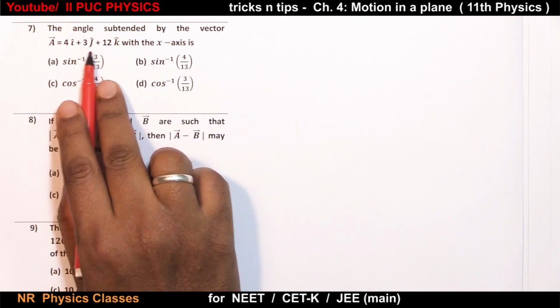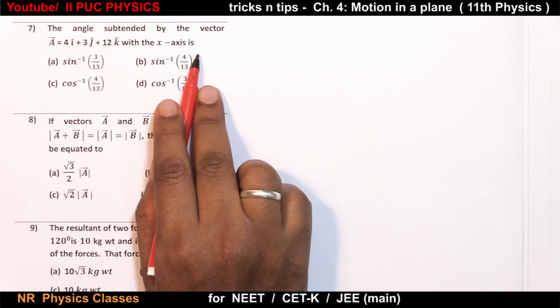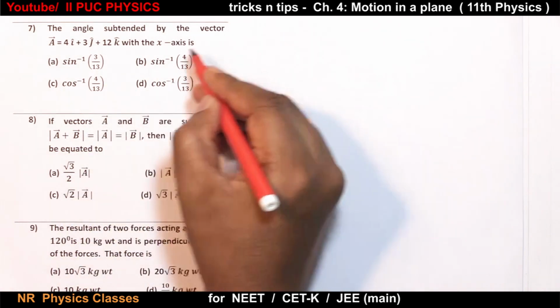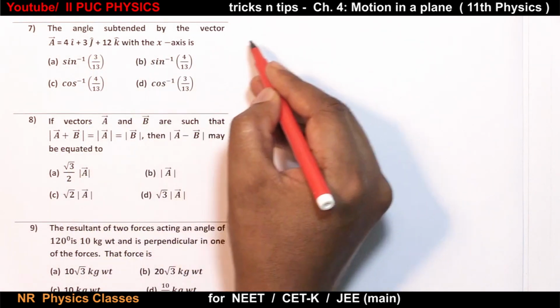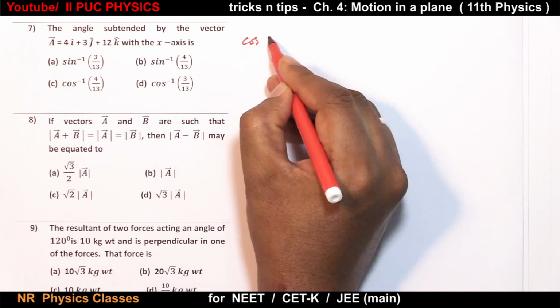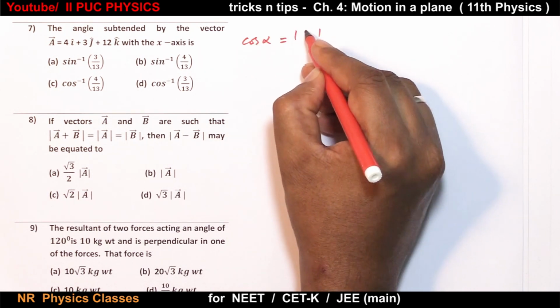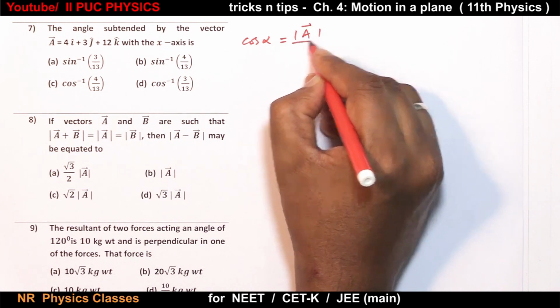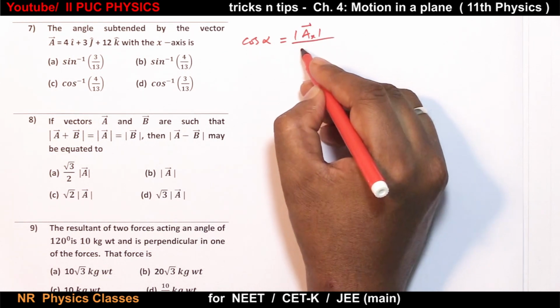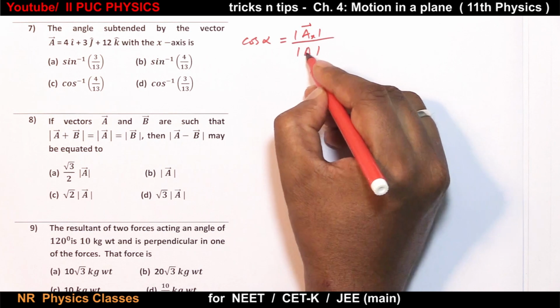The angle subtended by the vector with the x-axis. Again, this is also a standard result. Angle made by the vector with respect to the x-axis means cos alpha equal to magnitude of the vector along the x-axis by magnitude of the vector.